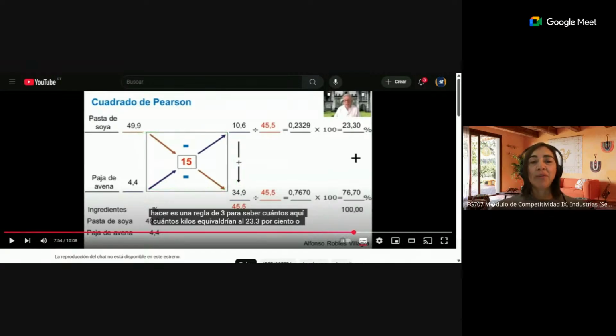When we have two different types of ingredients, it doesn't matter what type of ingredient you have, what you have to do is subtract in an X for the percent of protein that we're looking for.